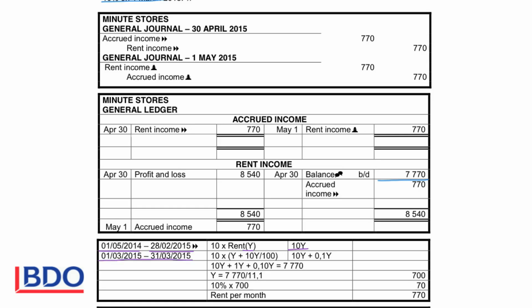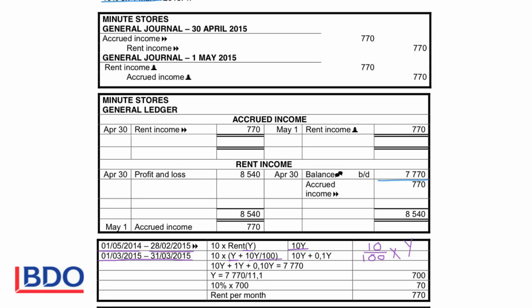Now, normally when we calculate a percentage, I will say 10 divided by 100 times the amount, and in this case the amount is Y. So if we multiply, the top is 10Y, at the bottom is 100. So for this month, we received the normal Y amount plus that additional 10%.